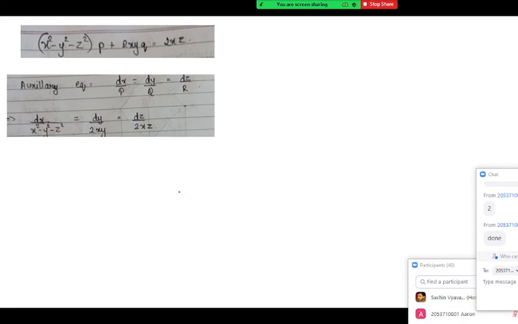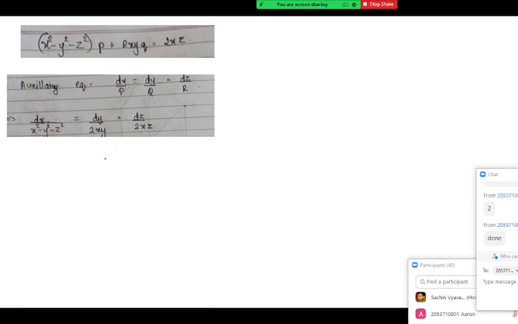Very good. Yes, that's a good observation. You'll observe the last two ratios. 2x gets cancelled. dy upon y equal to dz by z. So log y equals log z plus log c, and you can say y by z equal to c1. So that may be the first solution.